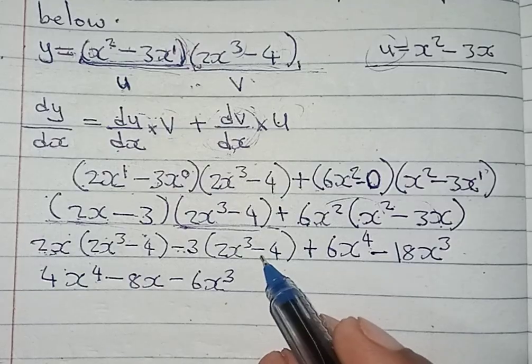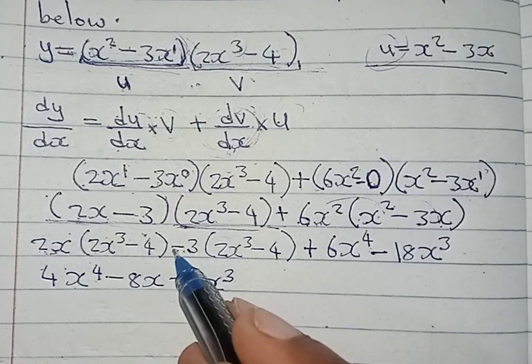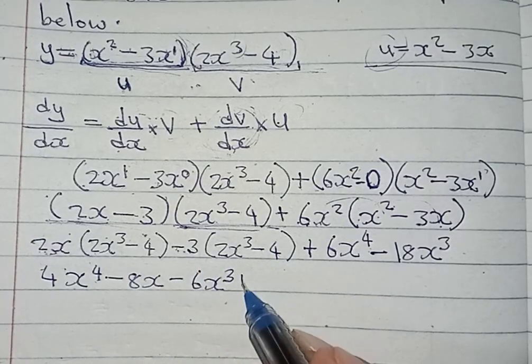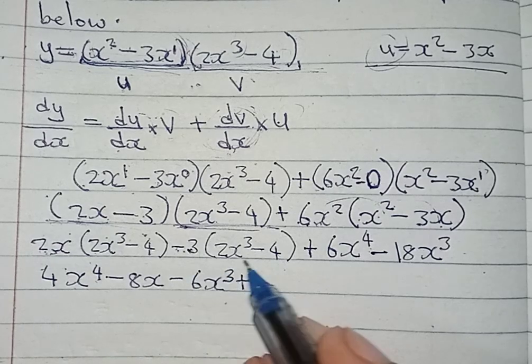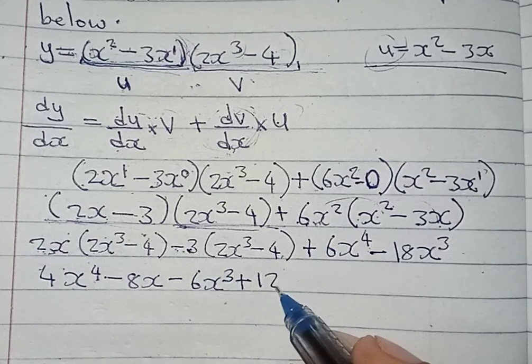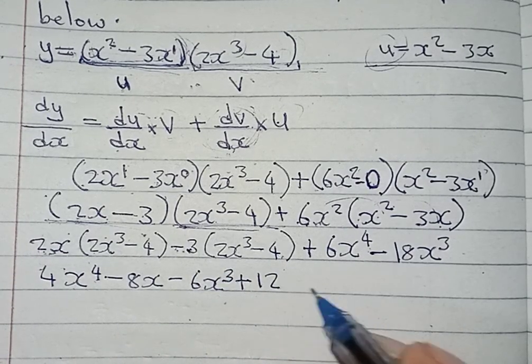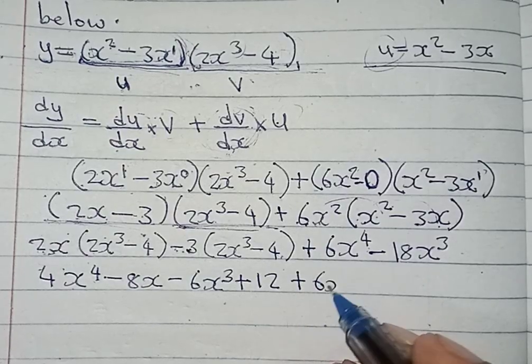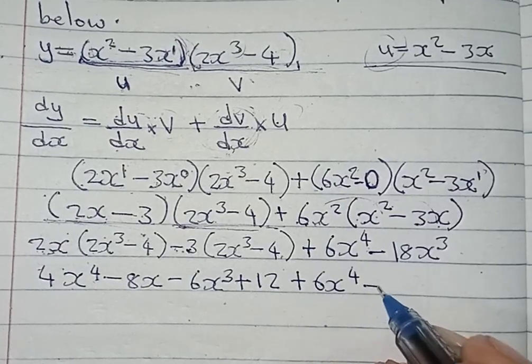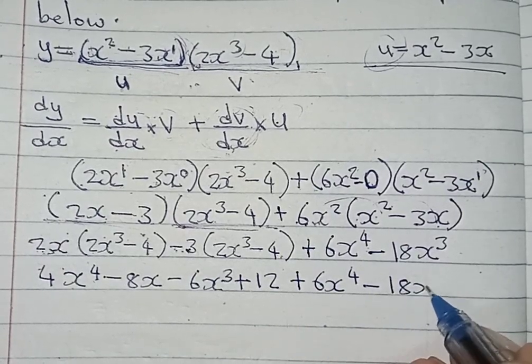Negative 3 times negative 4. So we begin with the negative times negative, we get positive. And 3 times 4, we get 12. Plus 6x to the power 4 minus 18x to the power 3.